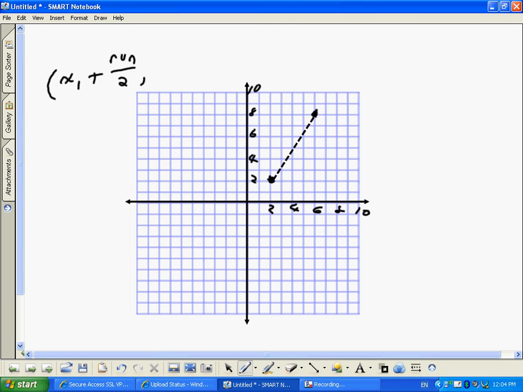What did they say it as again? Y1. Y1 subtracted by rise divided by 2. Oh, sorry, we're still at y1, not y2. This should be a plus. Okay.